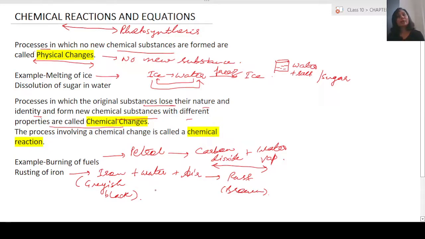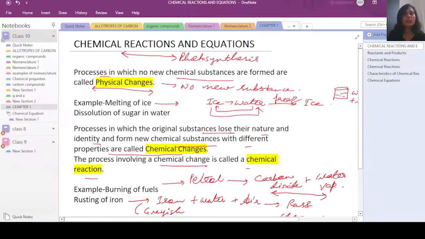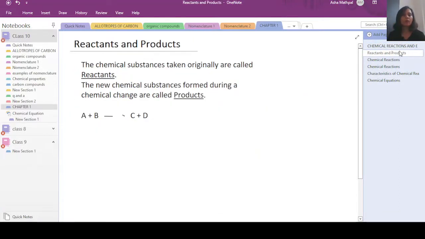Now, a chemical change itself involves a chemical reaction. So the process involving a chemical change is called a chemical reaction. So chemical reactions are basically chemical changes. Let us try to understand a few more terms related to the chemical reaction. Now, what are reactants and products?